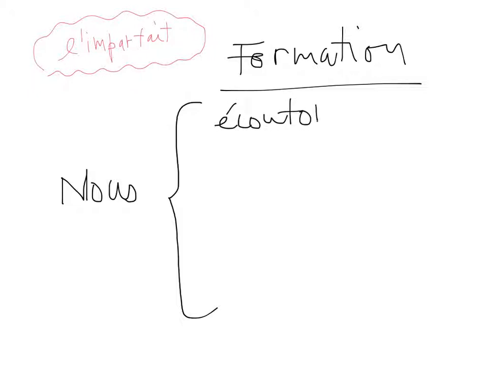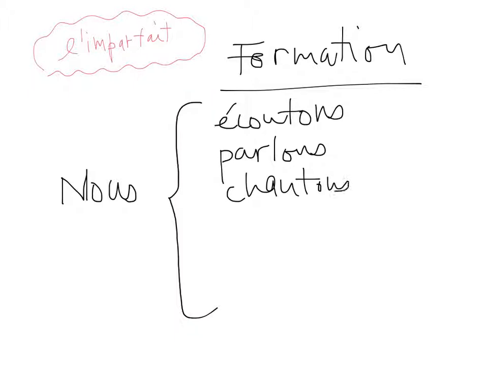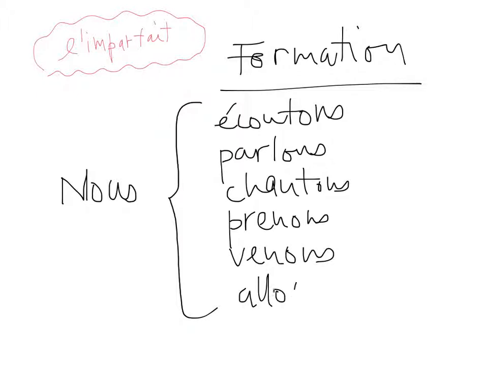Nous écoutons, nous parlons, nous chantons, and I'm also going to write some irregular ones. Nous prenons, nous venons, nous allons. Okay? So we listen, we speak, we sing, we take, we come, and we go.